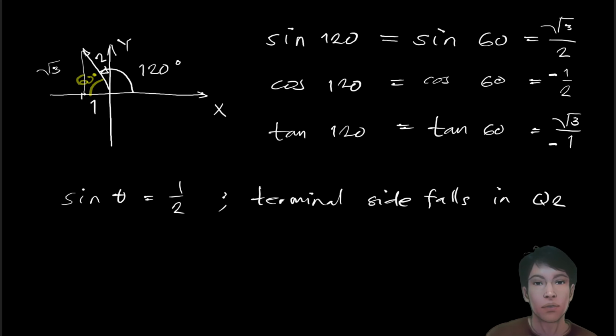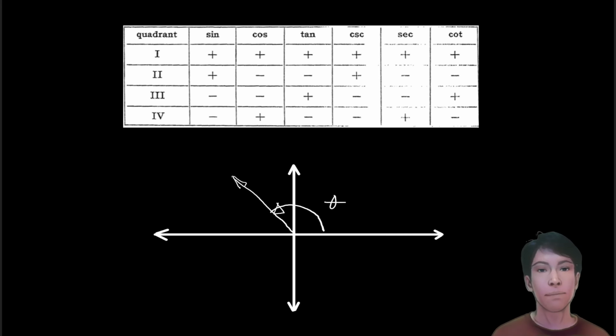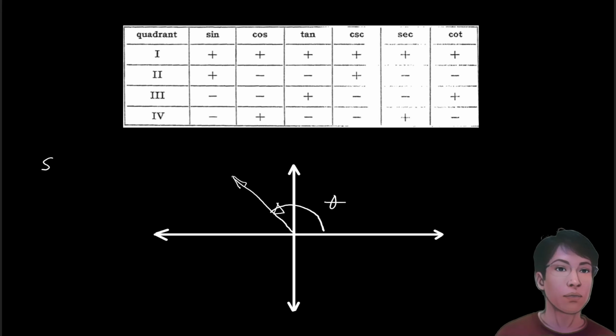So over here, we are given sine theta as 1/2, but the terminal side falls in quadrant 2. So this is quadrant 2. Again, sine theta is 1 over 2.